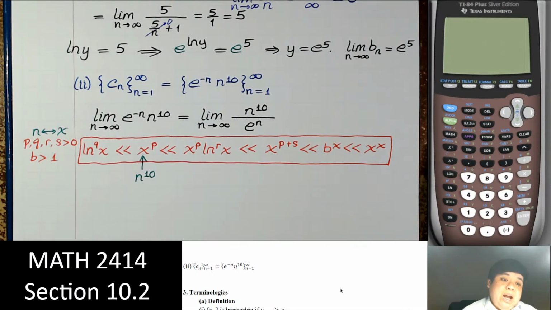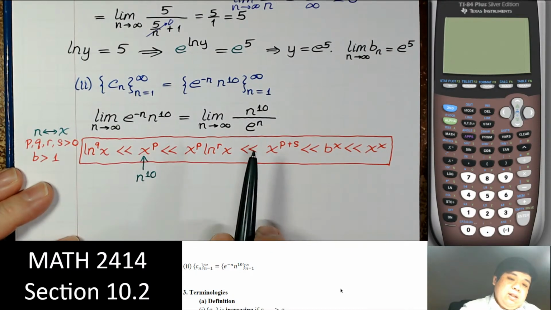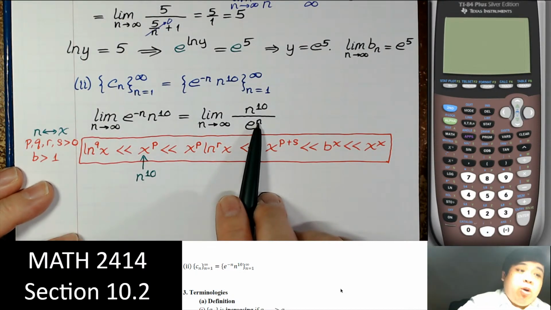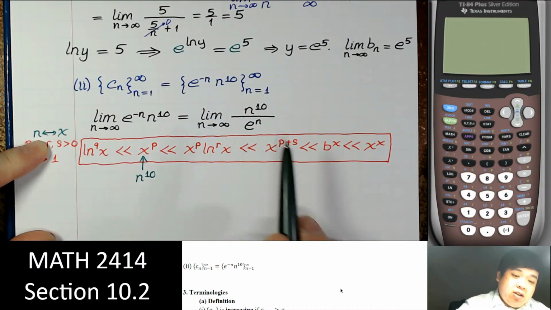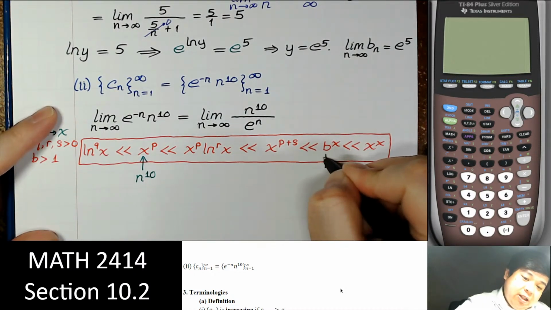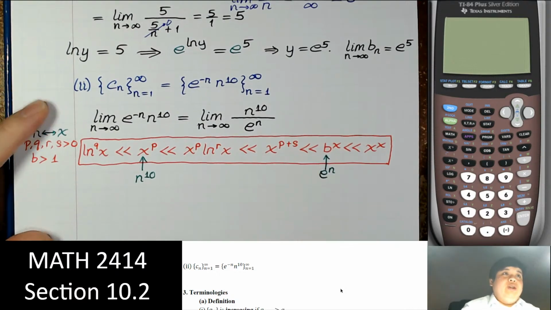And then e to the n power. So n is the variable equivalent to x, and e is the base, a constant. So b to the x is equivalent to e to the n.